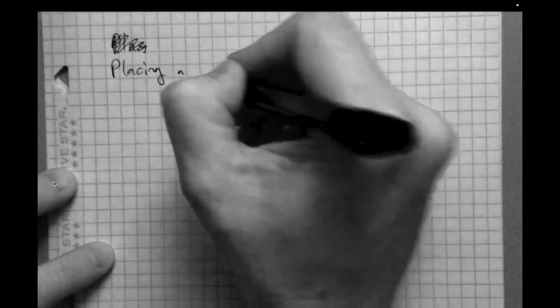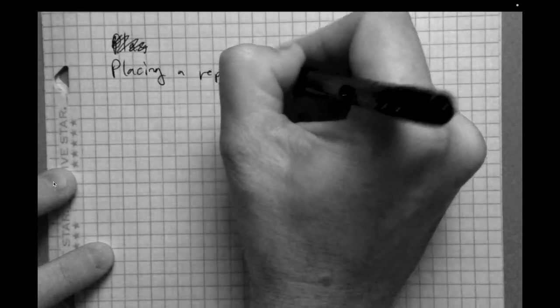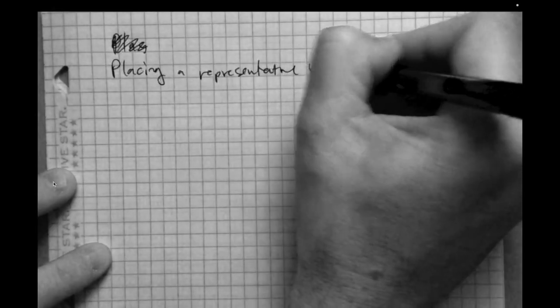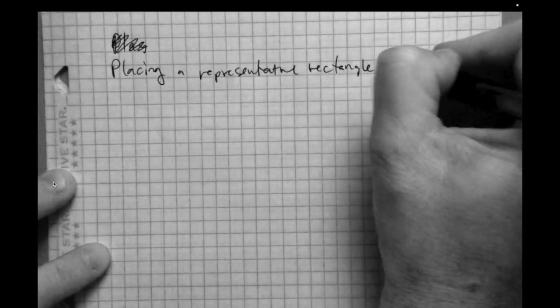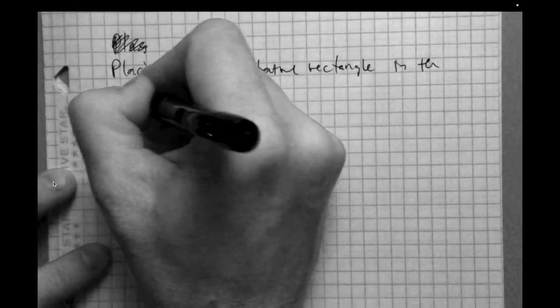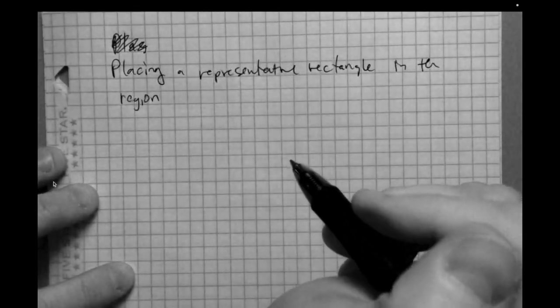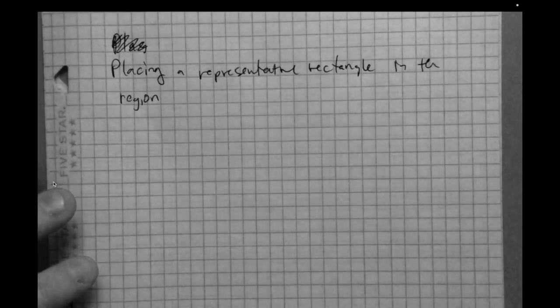Placing a representative rectangle in the region can give us the order of integration.